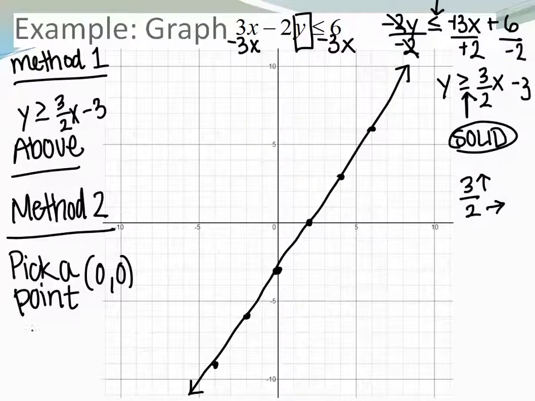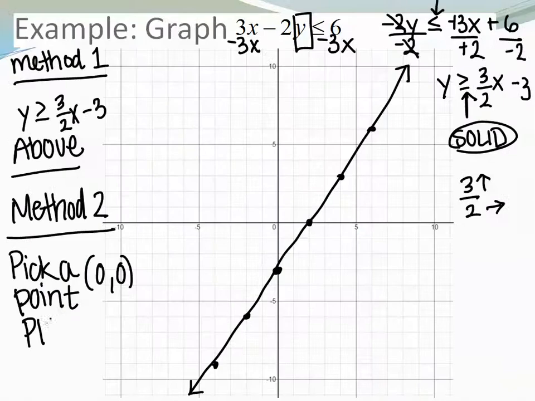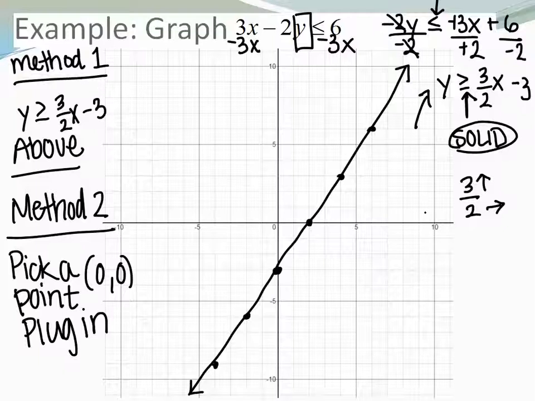So we plug it in. Plugging in 0, 0, you can plug it into the original or you can plug it into this one. It doesn't matter. I'm going to plug it into this one. So 0 is greater than or equal to 3 halves times 0 minus 3.